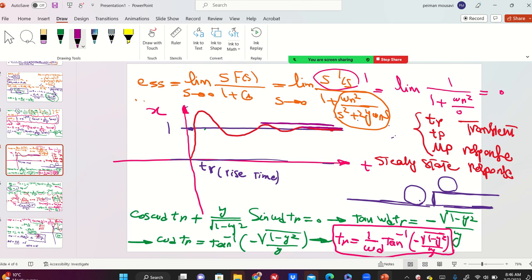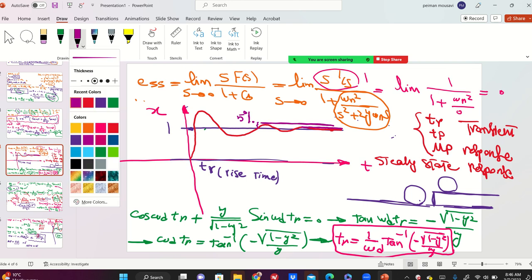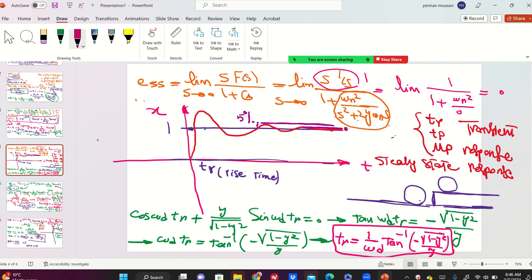One of them is when your response reaches 5% of the final response that you want to go to, the step. Here is 5%. Another settling time is the time that you have this value, 3%. You have two criteria for the settling time.